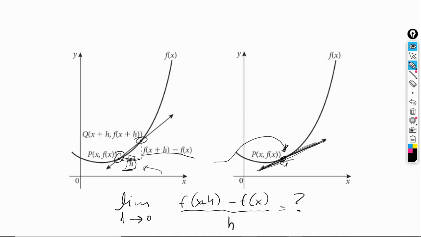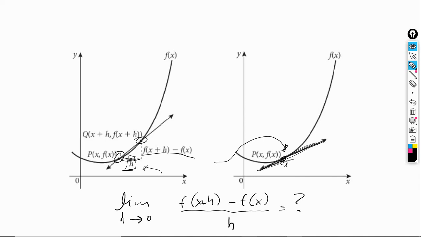So notice that this is actually the definition, the accepted definition of a derivative, right? The limit as h approaches 0 of f of x plus h minus f of x divided by h.